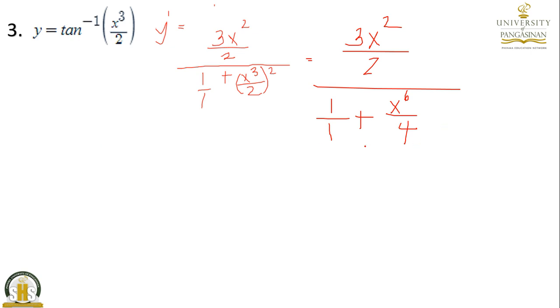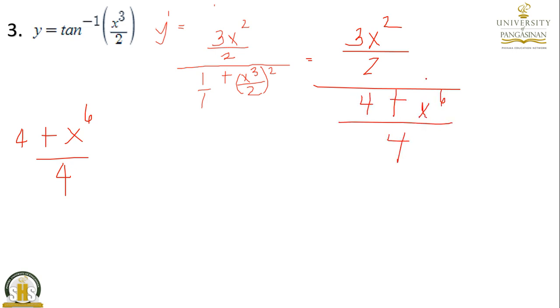So, the denominator here is 4. 4 divided by 4 is 1, then x to the 6 power. So, magiging 4 plus x to the 6 all over 4.